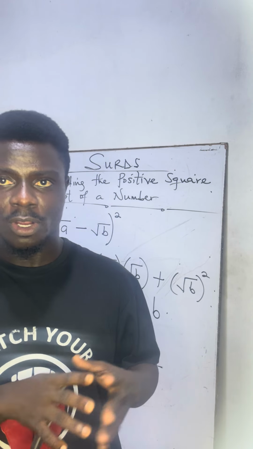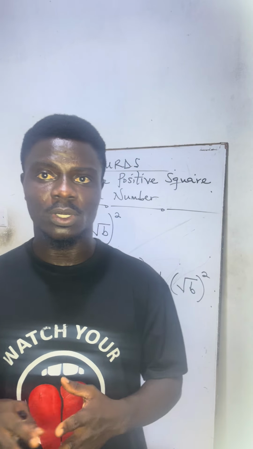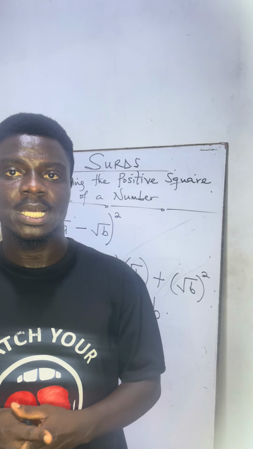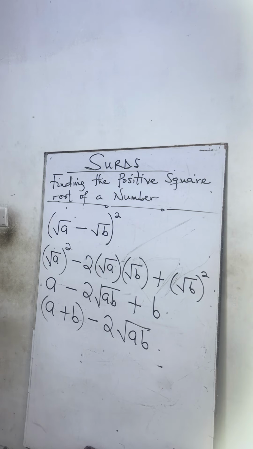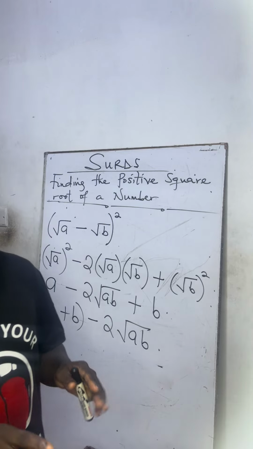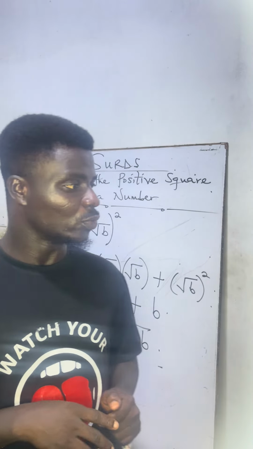Then we have square root of a minus square root of b all squared, and we'll get a plus b minus 2 times square root of ab. So this is what we'll be using in our questions or our solutions. Take note of that.